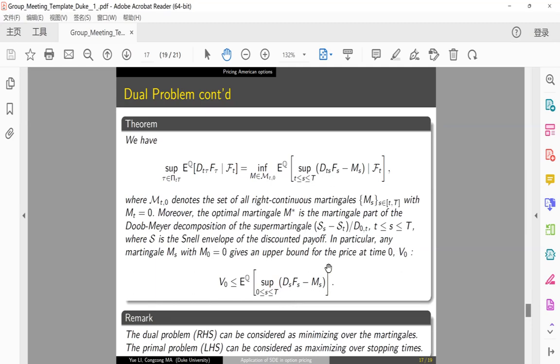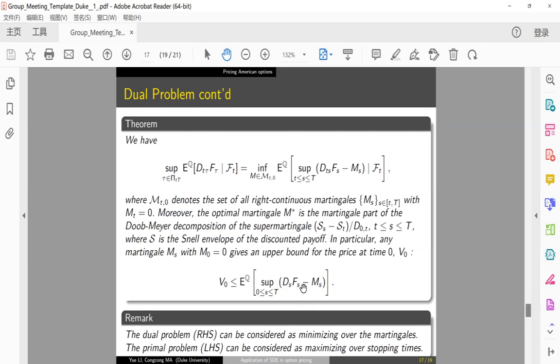So we can get the upper bound of this V_0, the value of this American option at time 0. To prove this, we have to recognize that we can use the optional sampling theorem because tau, which belongs to this set, is bounded.